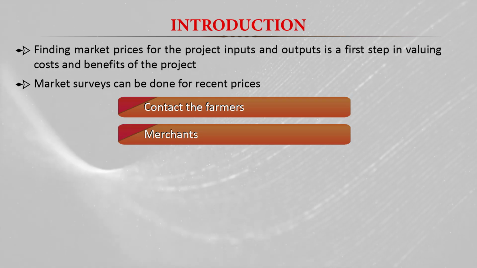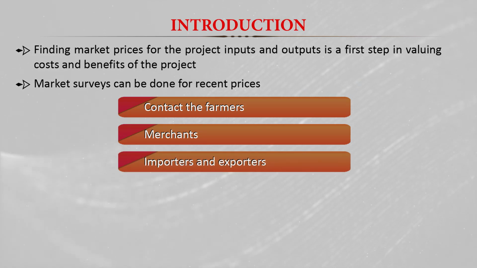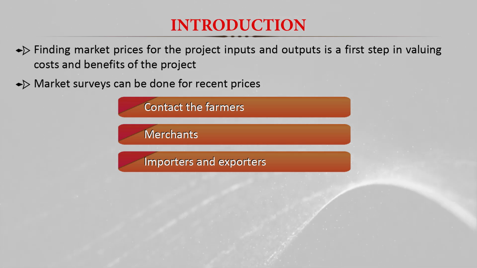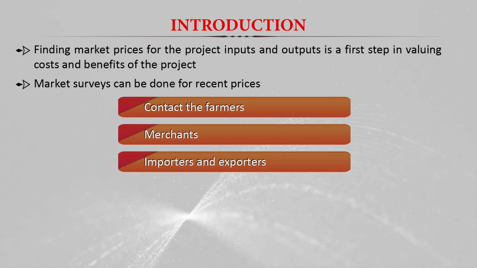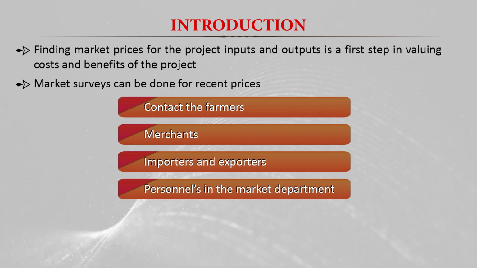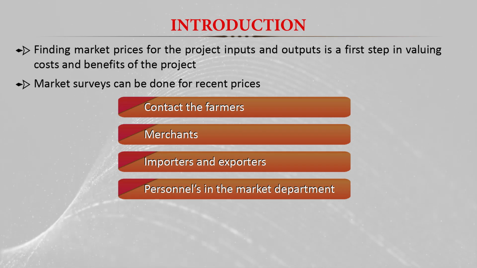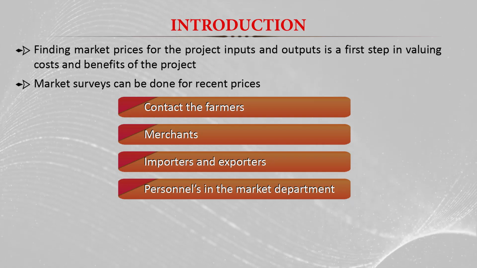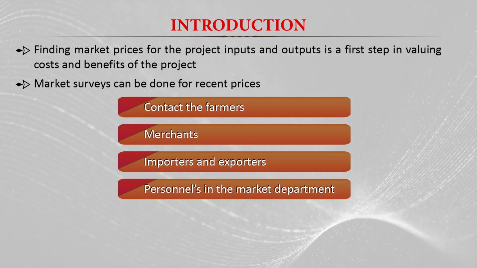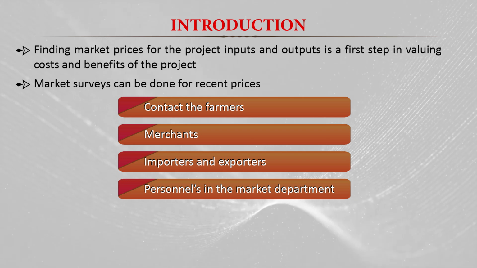We can also have discussions with importers and exporters about the prices prevailing in the international market. We can also discuss with personnel in the marketing departments of governments, agriculture departments, or different manufacturing departments about finding the prices.